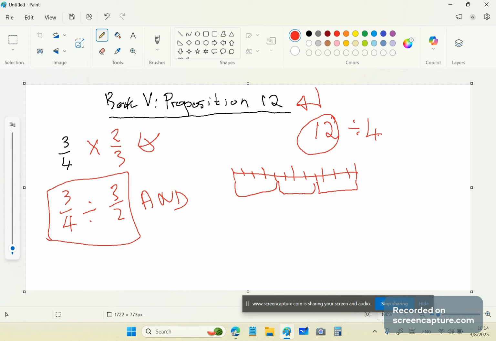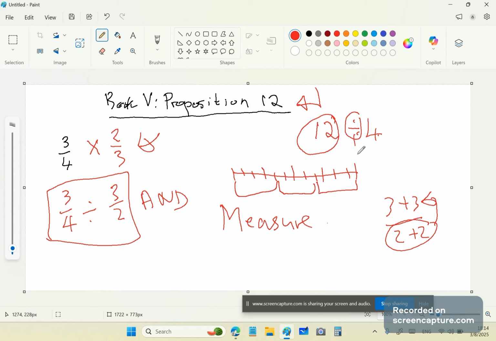So when I do things like 3 plus 3 over 2 plus 2, I want to get it into a form where the bottom one fits into the top one exactly. And it's very easy to know that, since I'm using the most primitive concept of measure. And division, by the way, is measure.